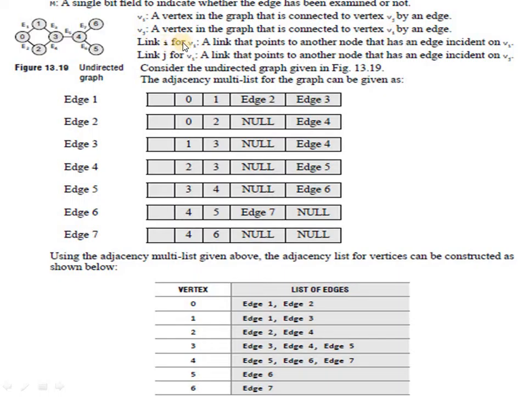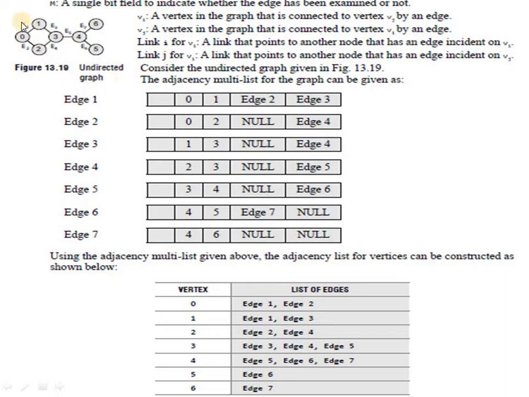Now link i for Vi is a link that points to another node that has an edge incident on Vi. If link j is there for Vi, then there is a link from Vi to another node.